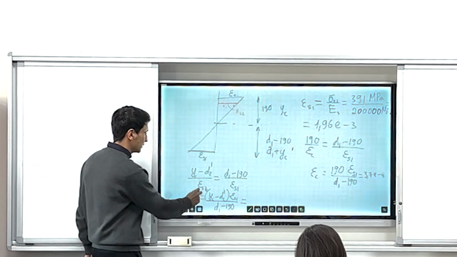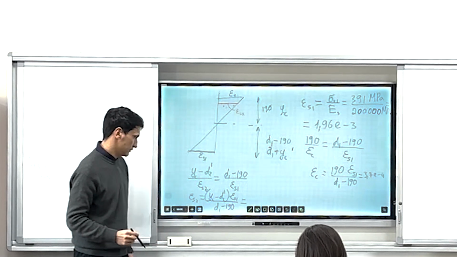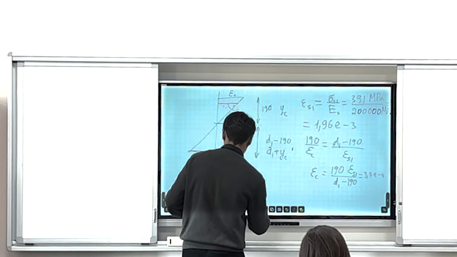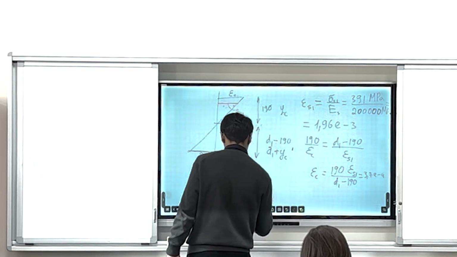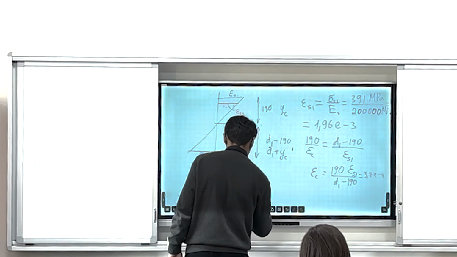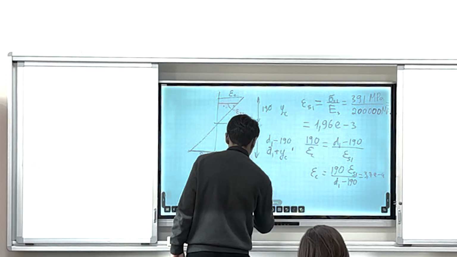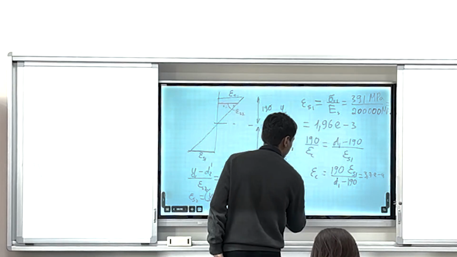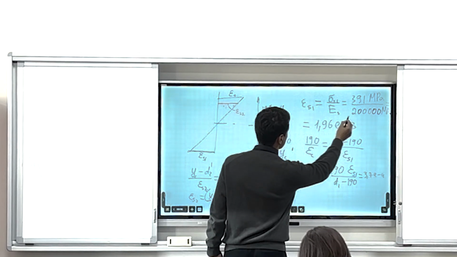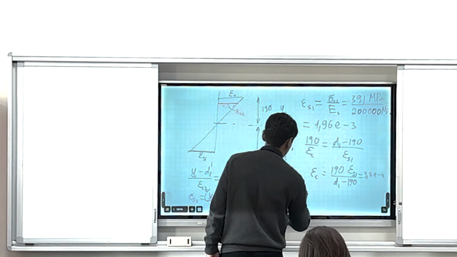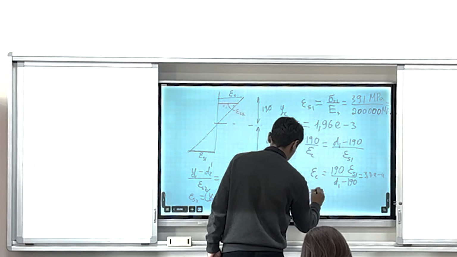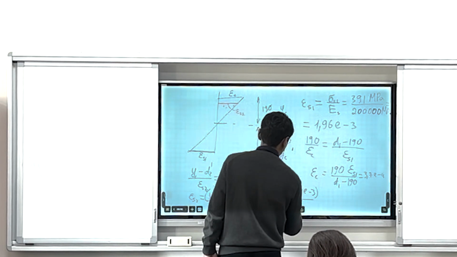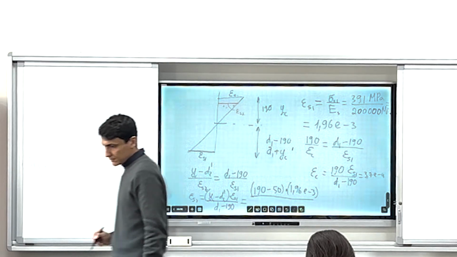So it would be 190 minus 50, multiplied by epsilon S1, which is 1.96 e minus 3, divided by d1, which was 470.